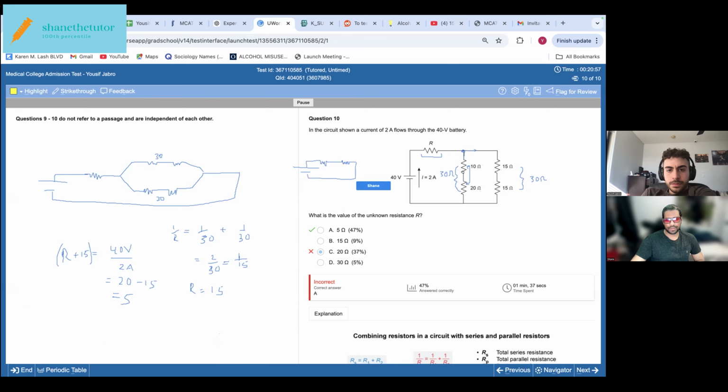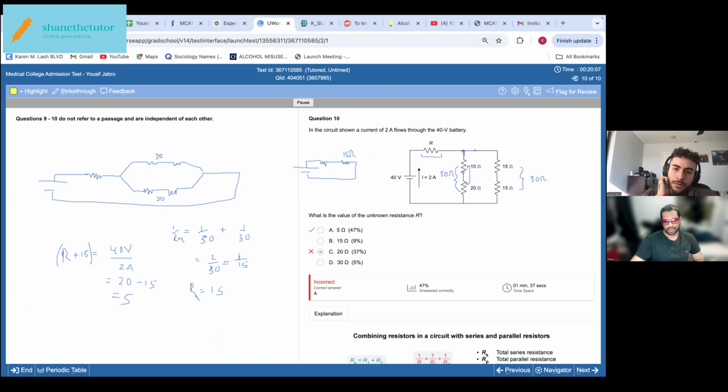To add these two in parallel, 1 over REQ is equal to 1 over 30 plus 1 over 30, which is 2 over 30, which is 1 over 15. So the REQ is 15. So it's like 15 ohms here.